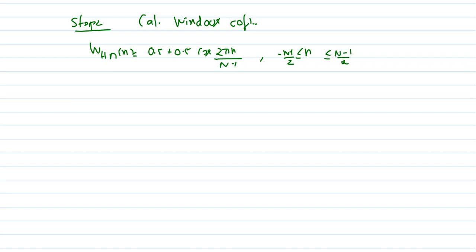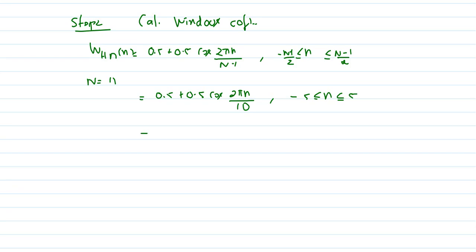Okay, so for our challenge n is given as 11, so it becomes 0.5 plus 0.5 cos 2 pi n by 10, where n ranges from minus 11 minus 1 by 2, so minus 5 to 5.